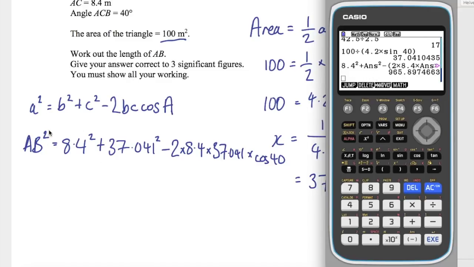So because this is AB squared, we need the square root of this number to get the final answer. So again, put the square root in, and then we can use the answer key again to save ourselves some work.